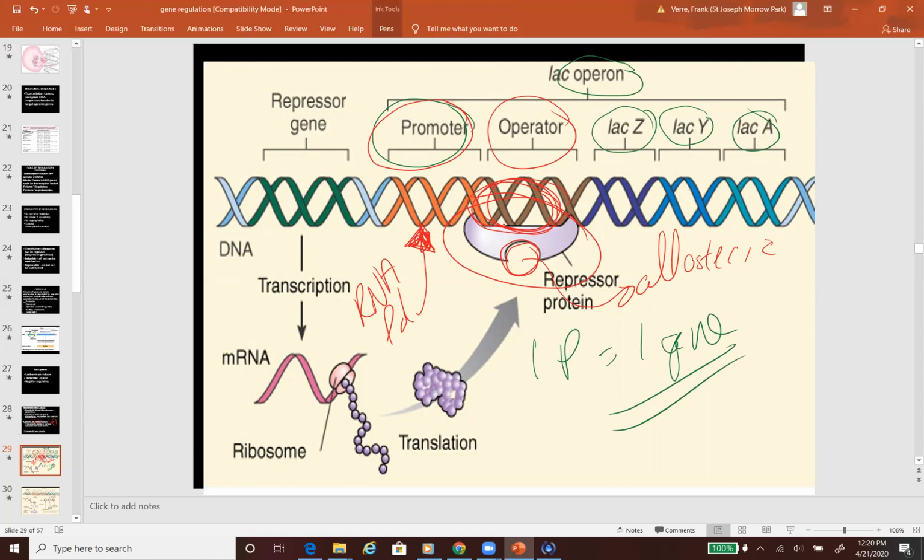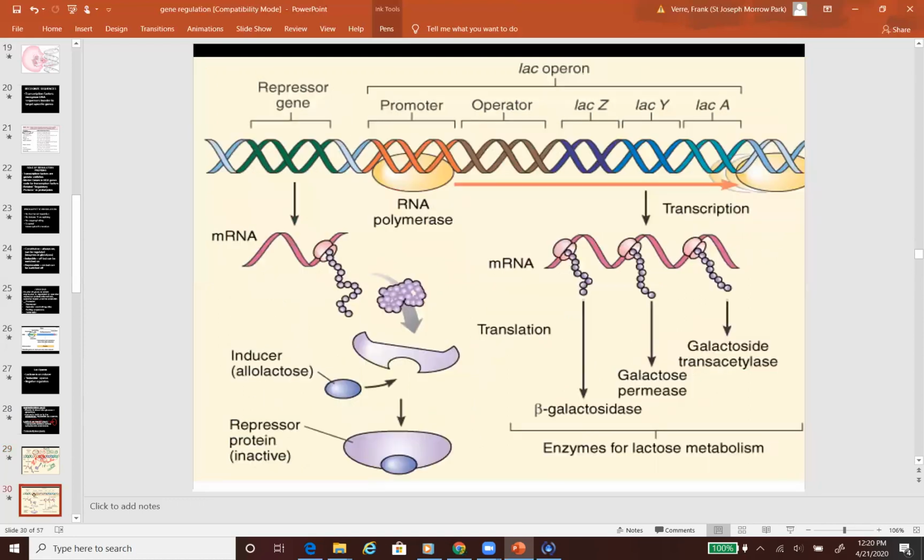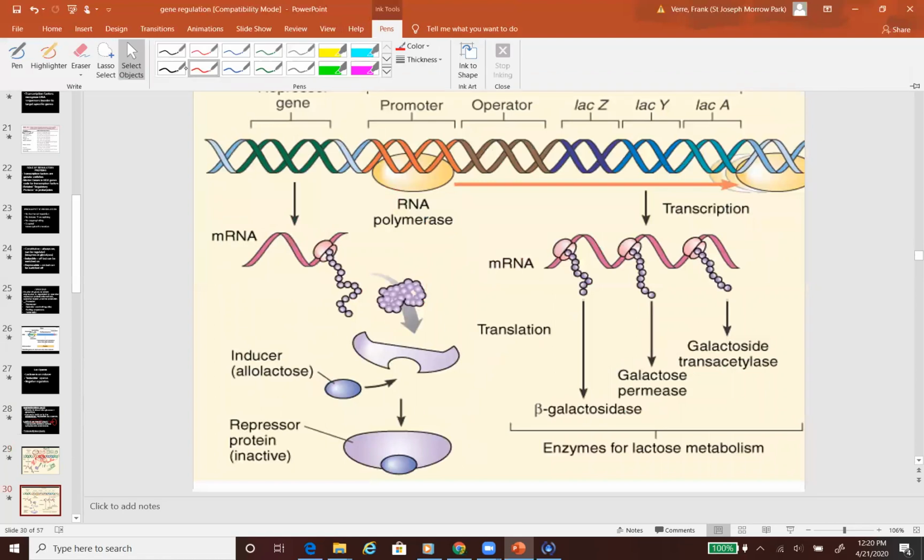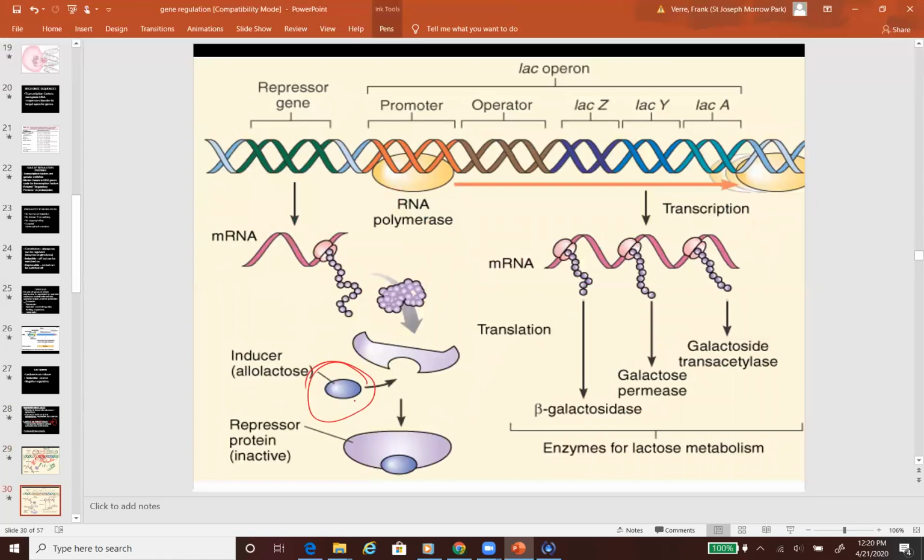In this case, what switches it on is lactose. The presence of lactose right here actually binds to the allosteric site and changes the shape of the protein. You saw this before when we talked about enzyme regulation. This is no different.